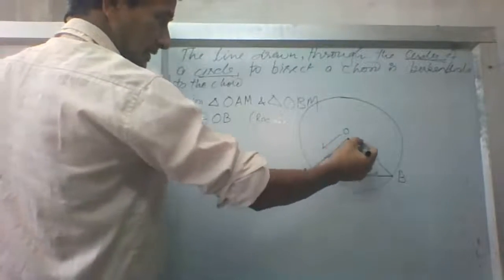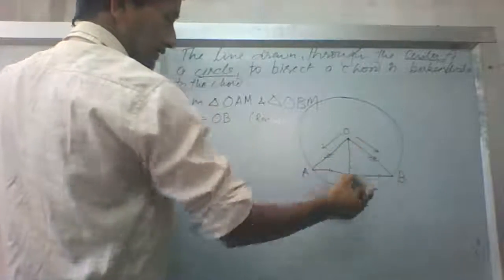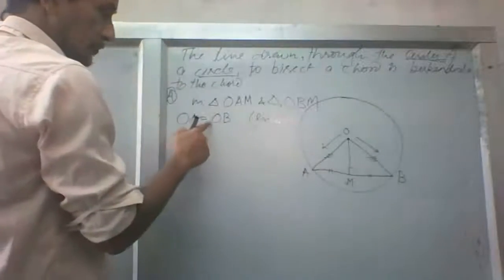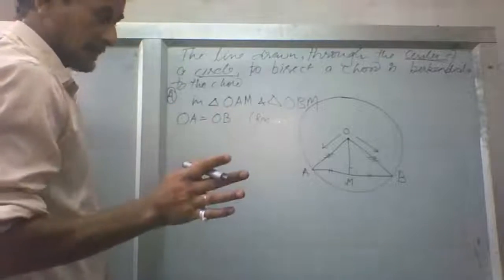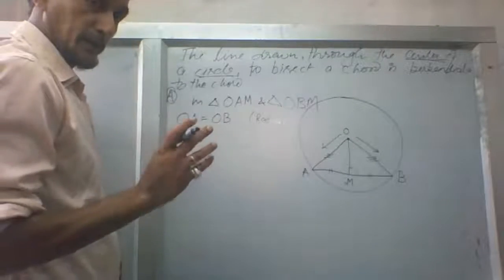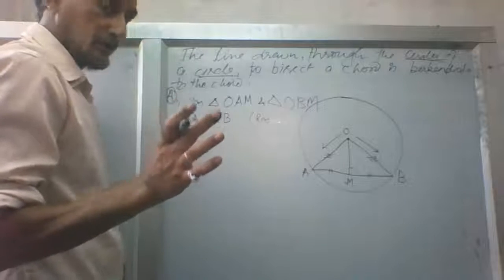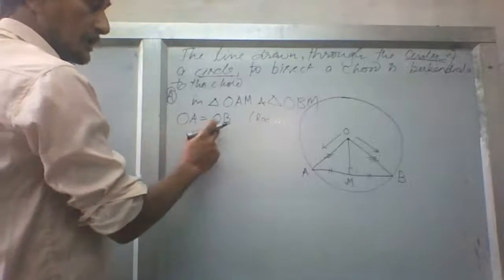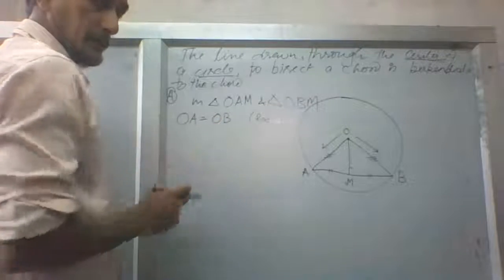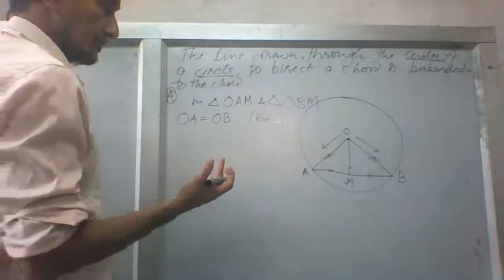From here to here, then also from here to here. Not from here to here. You cannot write BO. Although it will be correct, but your presentation for getting 100% marks will be wrong. So OA, O in the beginning, is equal to OB. These are laws of triangles.